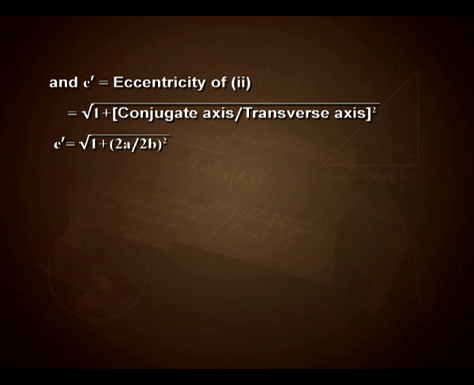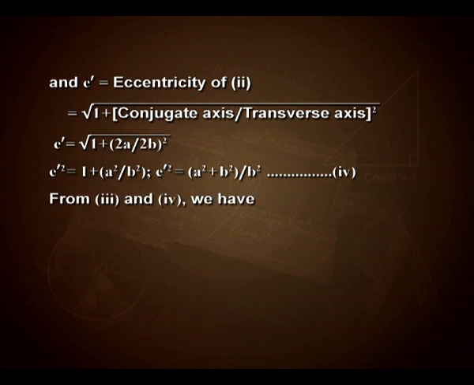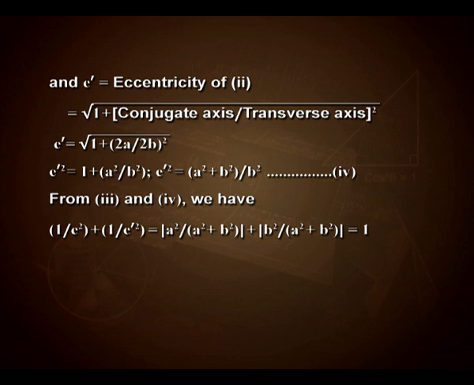On squaring, we have E dash square is equal to 1 plus a square upon b square, that is E dash square is equal to a square plus b square upon b square. Take this as equation number 4. From equation number 3 and 4, we have 1 upon E square plus 1 upon E dash square is equal to a square upon a square plus b square plus b square upon a square plus b square is equal to 1.